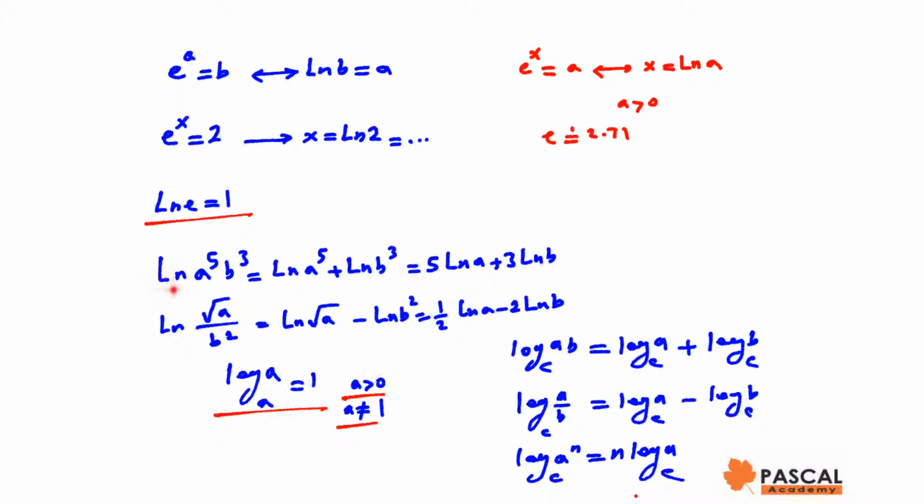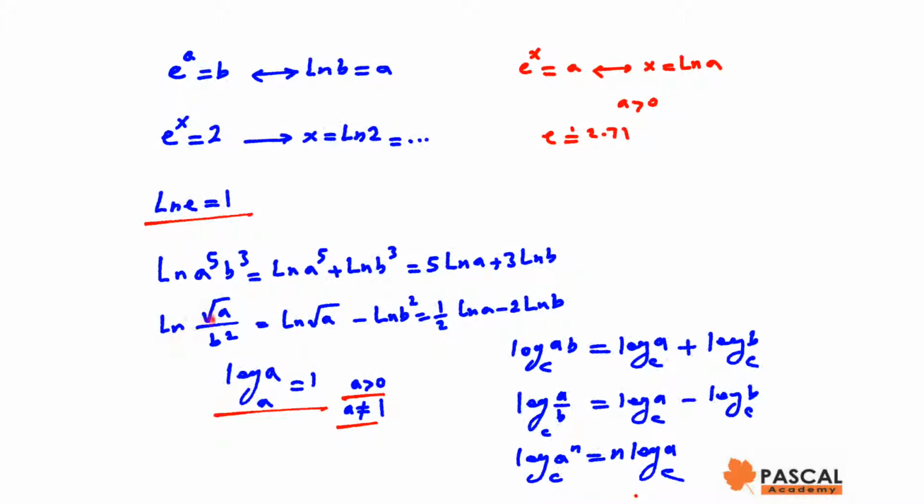Let's expand ln of a^5 b^3. We know log of multiplication is addition of logs. Therefore, ln of a^5 b^3 is ln of a^5 plus ln of b^3. Log of a^n base b is n log of a base b. Therefore, ln of a^5 is 5 ln of a, and ln of b^3 is 3 ln of b.